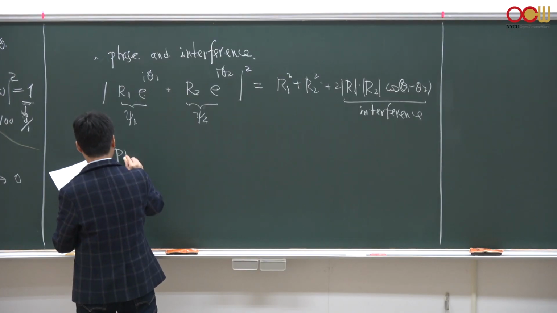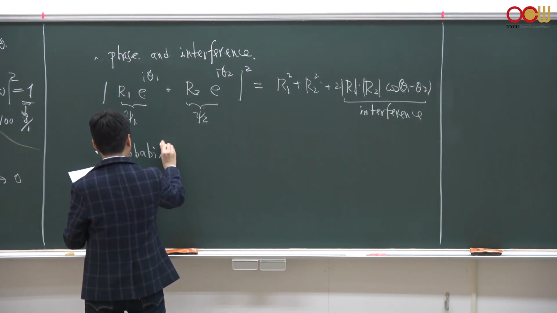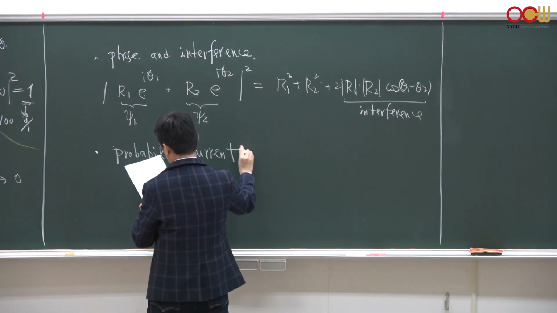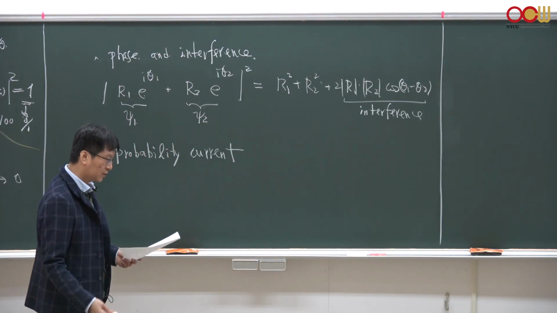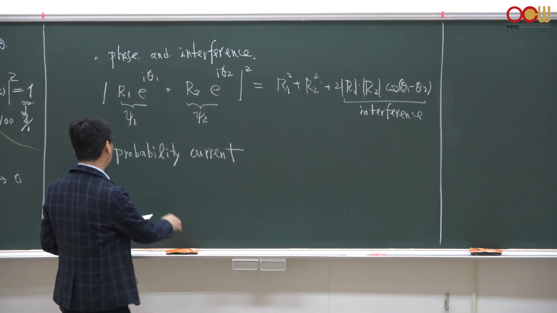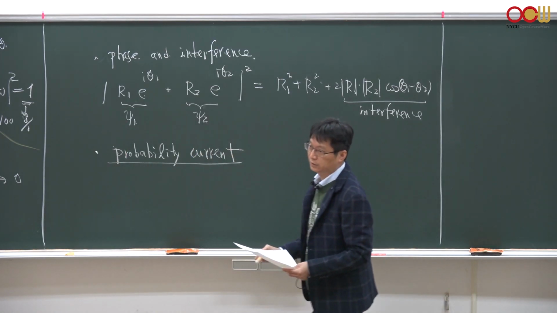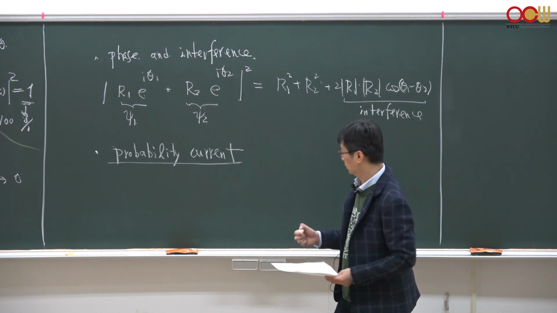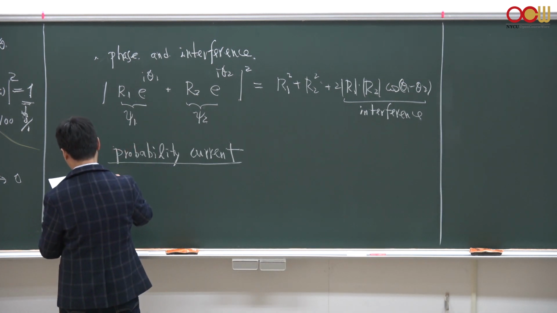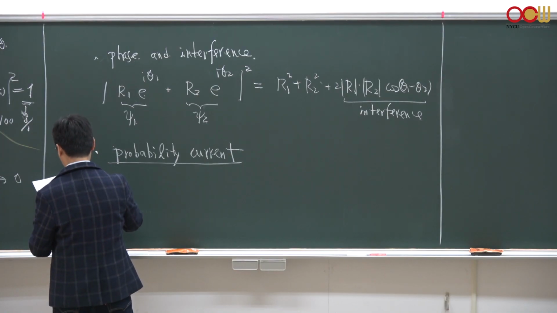And finally, we could define the so-called probability current, just like energy flow or flux in your classical mechanics. The probability current is the flow of your quantum matter in the Schrödinger representation. So this can be defined in the following way.